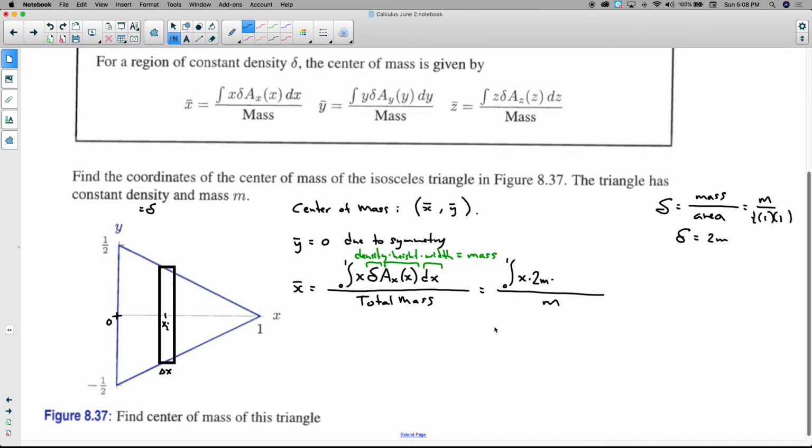But then what is the height? The height keeps changing as you slide your strip around, but for the ith strip, I suppose it's twice whatever the equation for this line is. So now I've got to go back to algebra 1 and get the equation for this line.